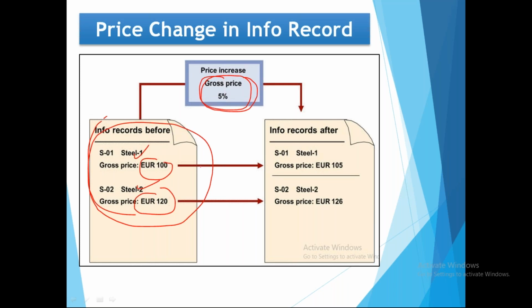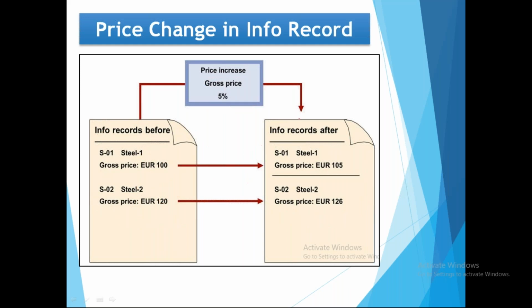Normally what we will do, we will go to each and every info record and change it manually. Instead of that, you can change the price in the info record at one shot, provided the change percentage is the same. That can be done. So price change in the info record can be done in mass.